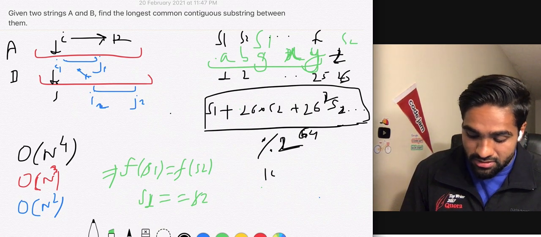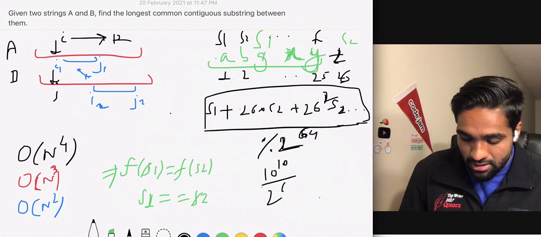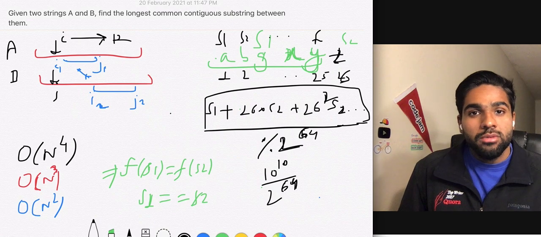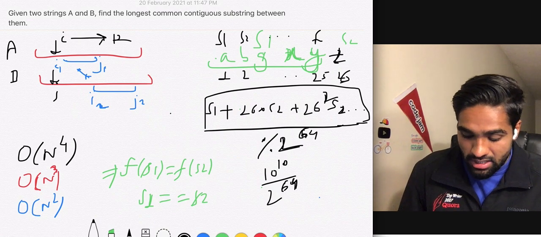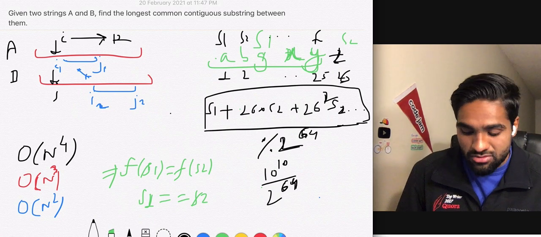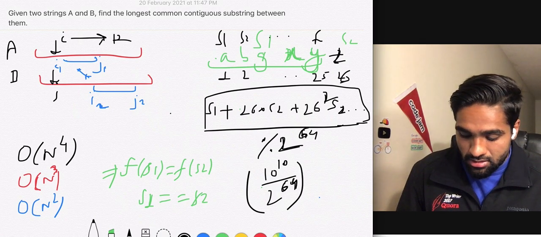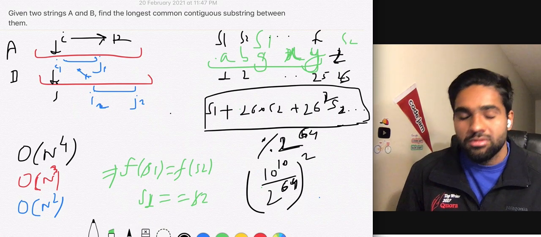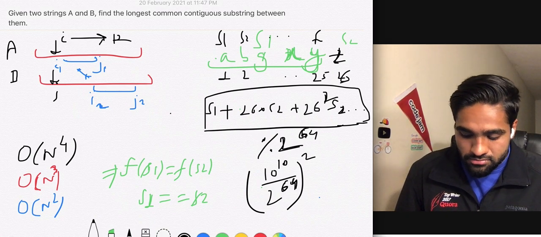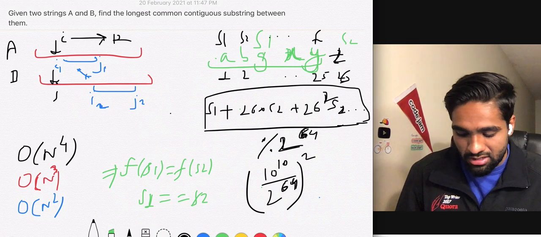That means you have 10 power 10 different substrings, and all of them randomly get distributed across this whole number line. So the probability of collision is 10 power 10 by 2 power 64, right? And that's pretty rare. If you want to make it even rarer, take another hash with another number, for example, and that basically reduces the probability. It's this raised to power 2. That makes it even rarer, but usually taking modulo with one number should be enough.